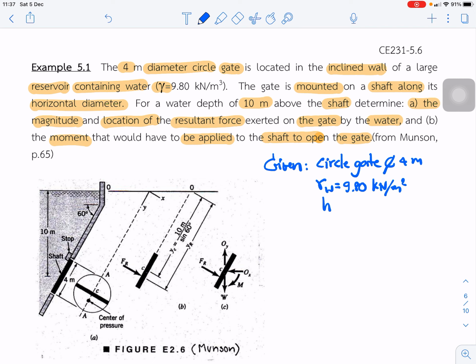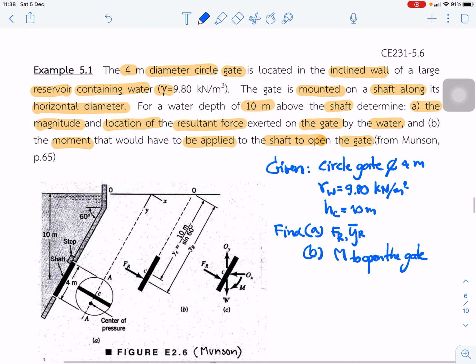In this case we assume that hc, the depth of the centroid of this area, is 10 meters. What we want to find is the resultant force, its location, and the moment to open the gate.